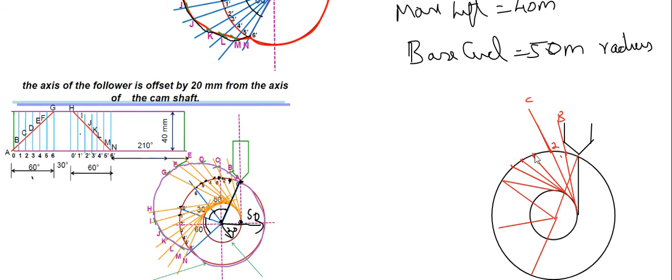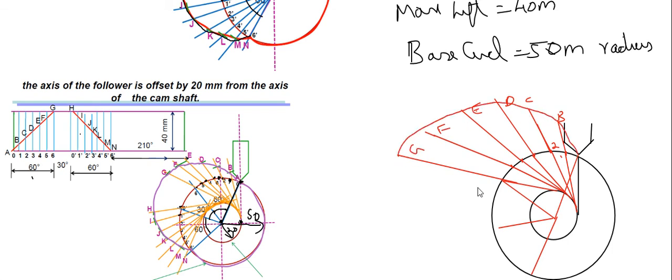Similarly d, e, f, g. So a, b, c, d, e, f, g, then you can get a freehand drawing around this. And similarly, you will get something similar here also.